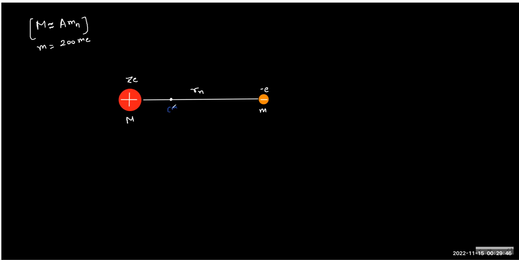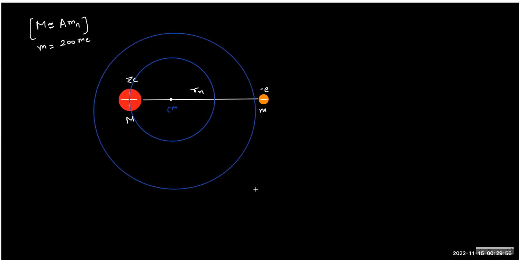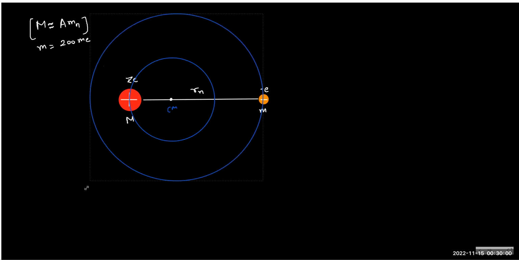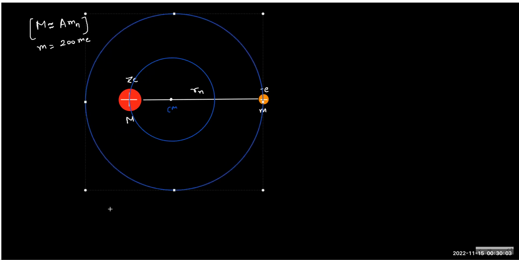And we have done this in electrostatics. So the nucleus will move in this small circle, and the negative charge will move in the big circle, right? So at any instant, both will remain on the same line.